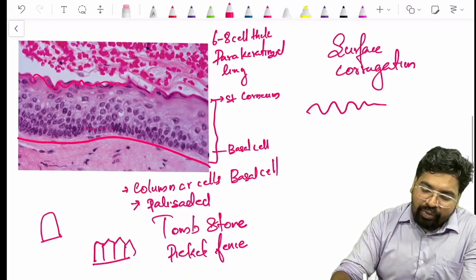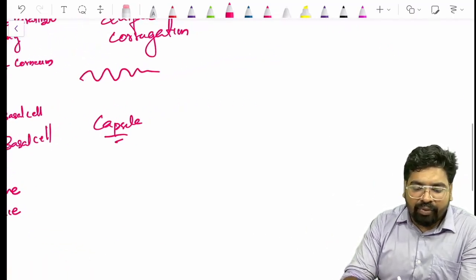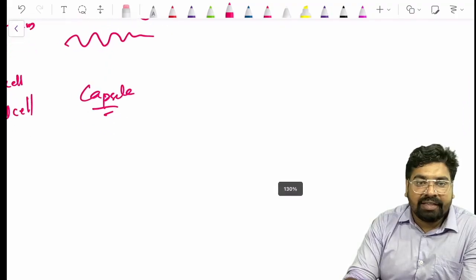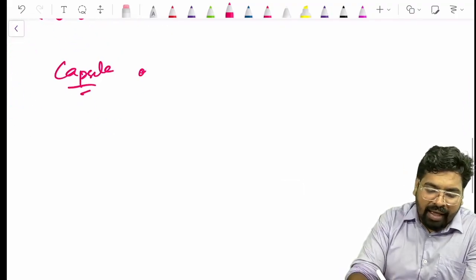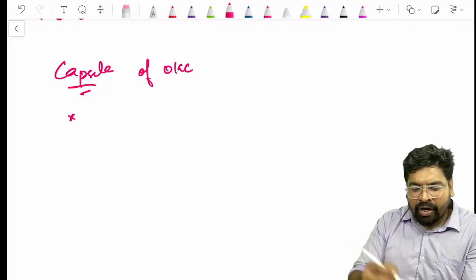Now coming to the capsule, what is the feature of the capsule here? The capsule of OKC has one interesting feature. They have daughter cysts.